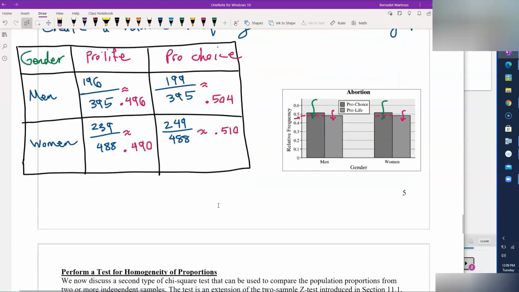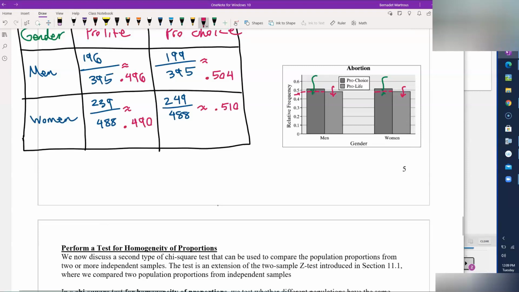Same thing for pro-choice. So what we have on this table on abortion, we can see that the percentages are very close.